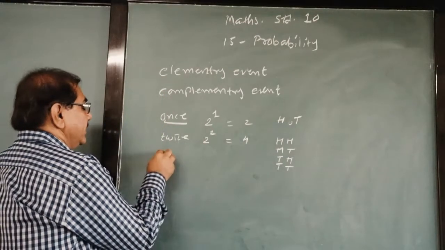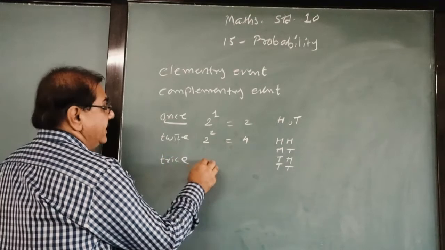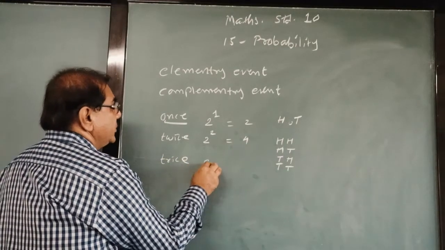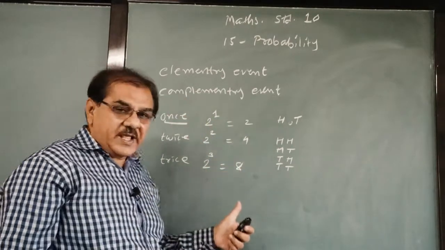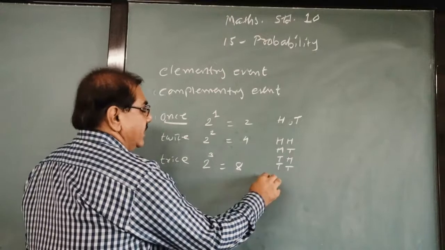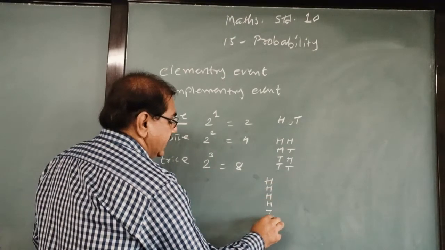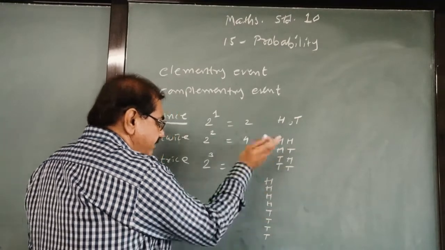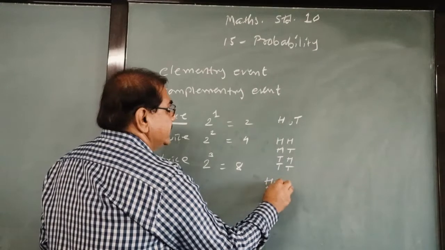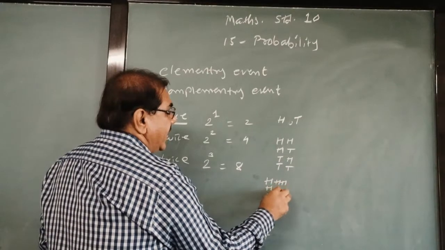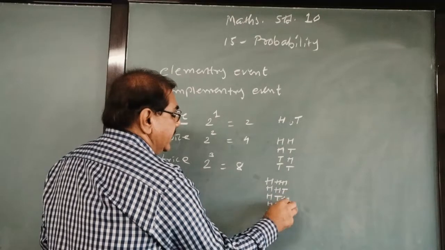Suppose the same coin is tossed thrice, then the number of outcomes is 2 raised to 3, which is equal to 8. How to get these 8 outcomes? 4 times H, 4 times T. And the previous result, you write it 2 times: HH, HT, TH, TT.